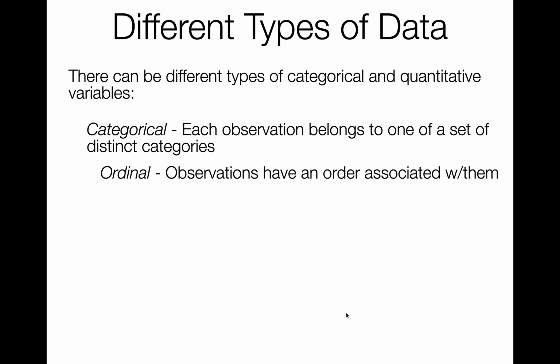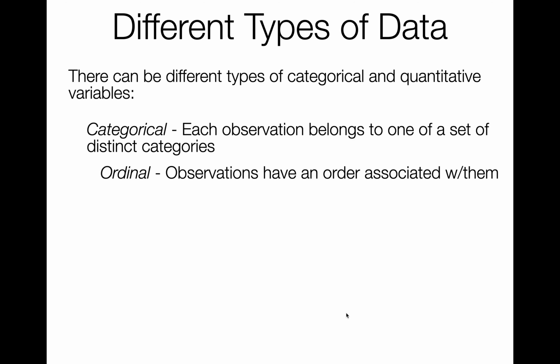Observations here for ordinal variables have an order associated with them. So, for instance, back in the last slide, I gave an example of class year in high school. There is a definite order there. I know that sophomores are a year ahead of freshmen, and then juniors are above sophomores, seniors are above juniors. Okay?